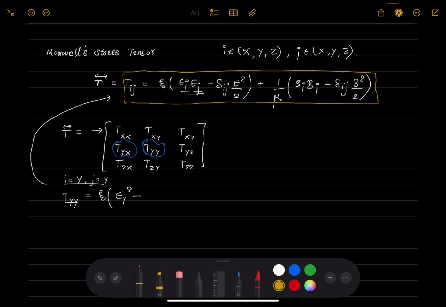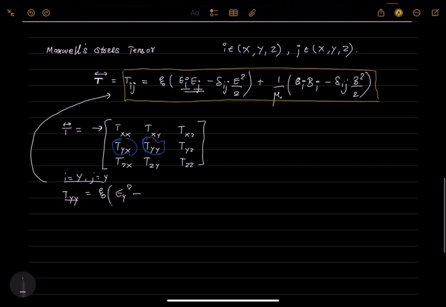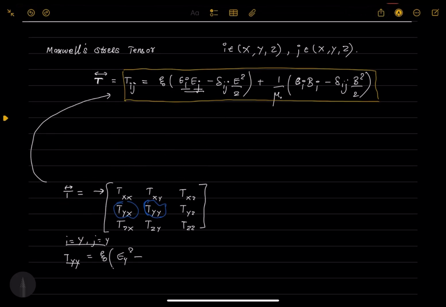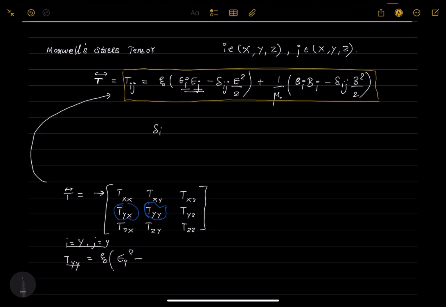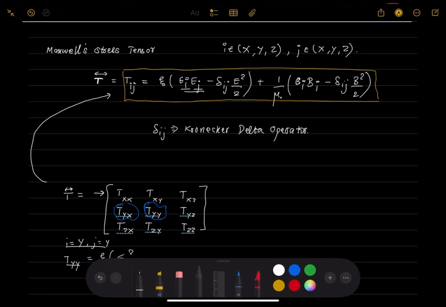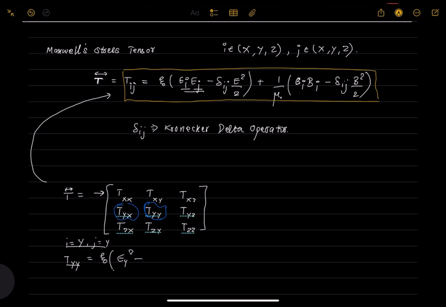So this delta is the Kronecker delta operator. All right, let me talk about what that is. So delta ij, we call this the Kronecker delta operator. And this really is just a way to say that if i and j are the same, then delta ij is 1, right?